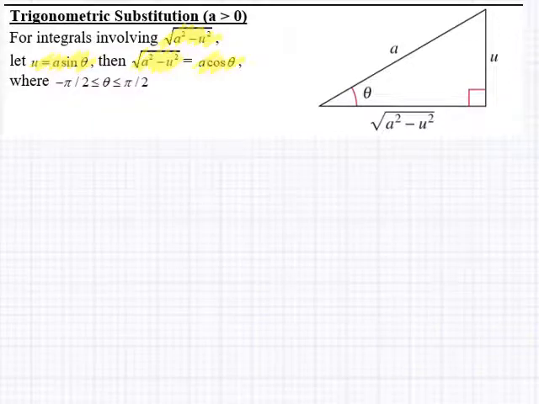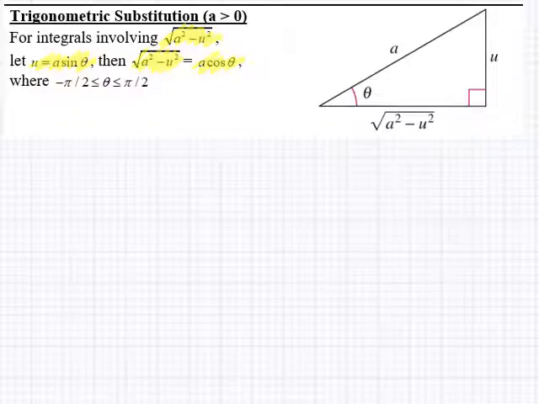We could then switch our integral from an integral of, say, x or even u into an integral of theta. It's a substitution, right? We've done substitutions where x turns into u's. In this case, we're going to let x's turn into thetas, essentially. And our new variable is going to be theta.